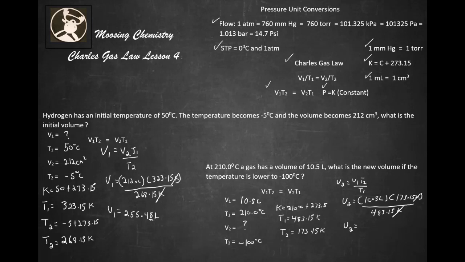Our initial volume is 10.5 liters, and our T2 temperature is 173.15. So let's go 10.5 times 173.15, divided by 483.15. That's better. Something was wrong with the calculator. 3.76 liters.